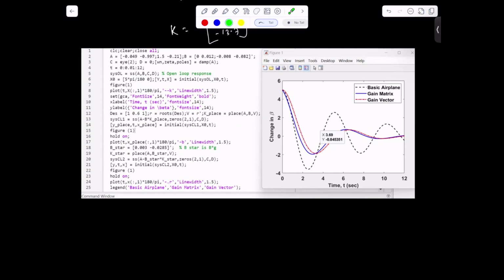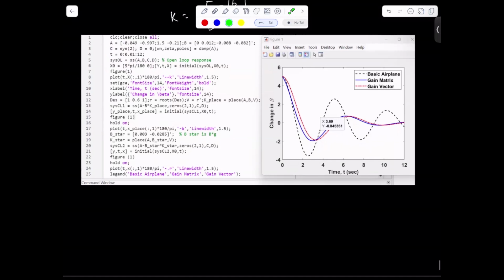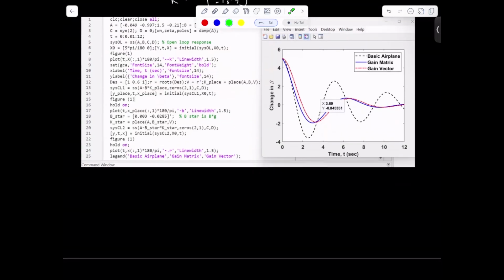You can try in your MATLAB command window, and you are supposed to get this result. I'm not going through the details. This is the same: the A matrix is given, C matrix given. For the C matrix, we are assuming all states are available in the output, and D is 0. This is a closed loop system, and the initial condition is assumed to be 5 degrees and 5 radians.